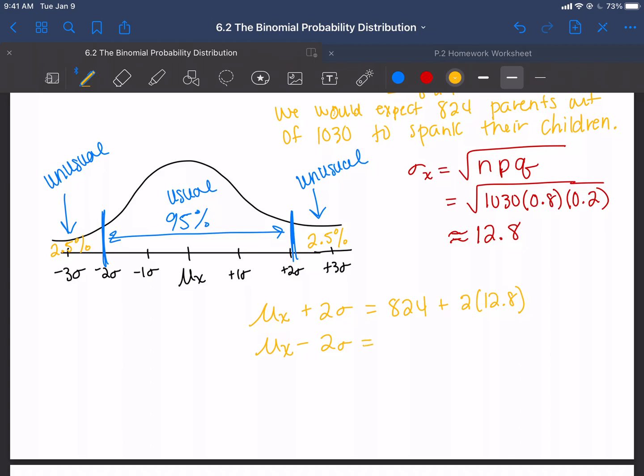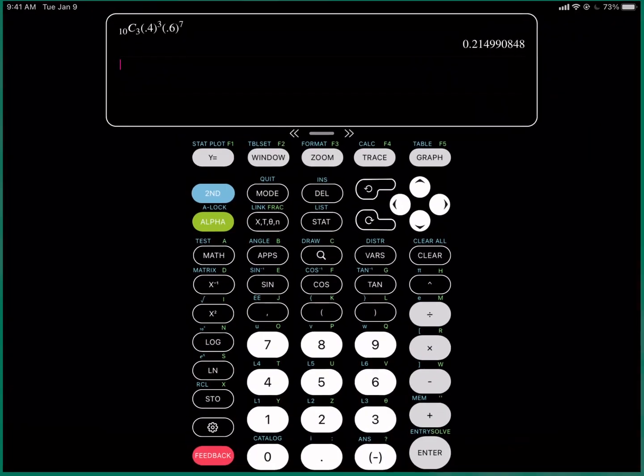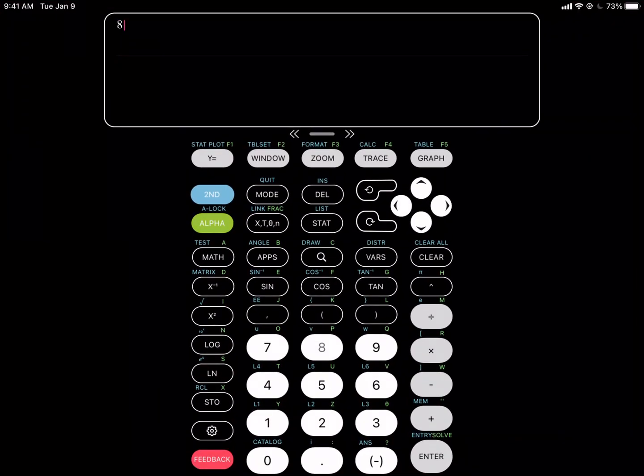Minus is going to be 824 minus the 2 times 12.8. All right, so let's see, 824 minus 2 times the 12.8 is 798.4.